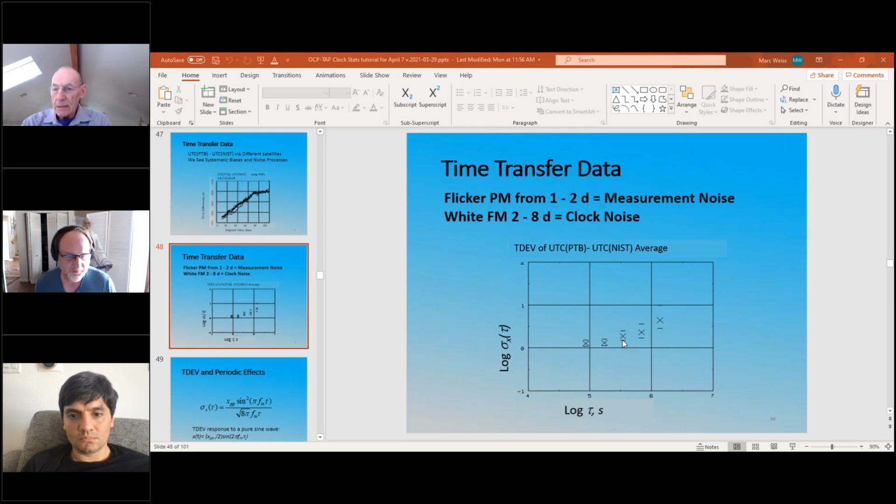That's my only question. NIST has a book they put together of all the best papers on clock characterization, and it's a tech note, and you can get it from the NIST website.